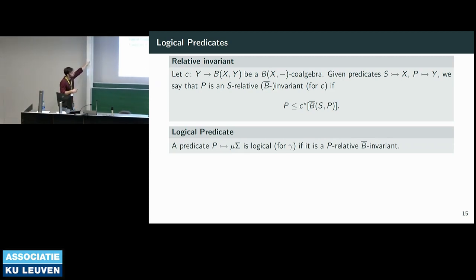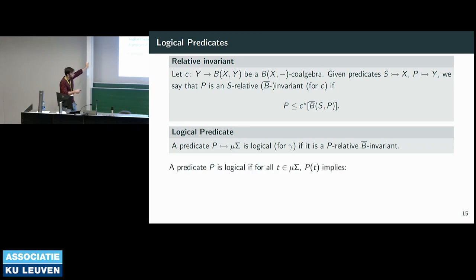A relative invariant is, let's say, a P. It's a predicate on the state space of your coalgebra, so a predicate on terms usually, which says the following. If P is an S relative invariant, that means that if a term is in P, its successors are going to be in B bar S comma P. And a logical predicate is precisely a predicate which is relative to itself.